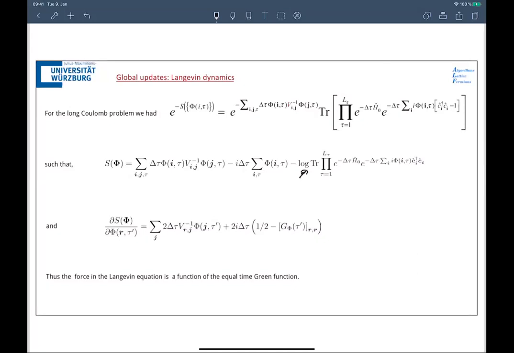Basically, in the Hamiltonian module, there's a routine, and the code asks you: here is the present configuration, propose another configuration, and I'll try my luck with this other configuration. So that's what you have to specify.